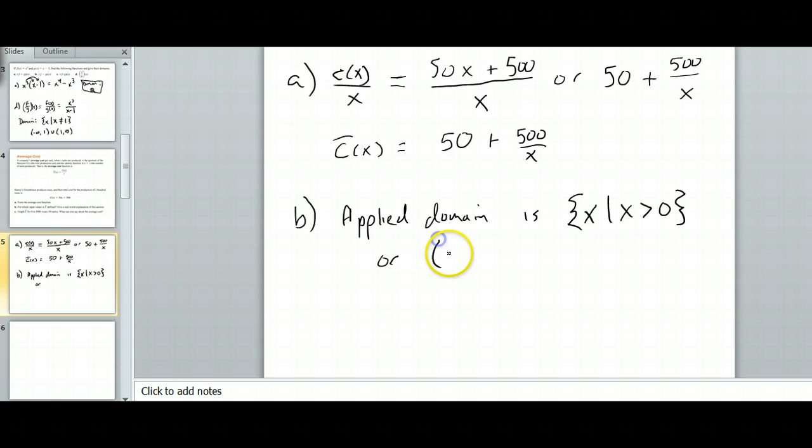Or in interval notation, 0 to infinity. Because it doesn't make sense for this to be negative, even though it could be the way it's written.